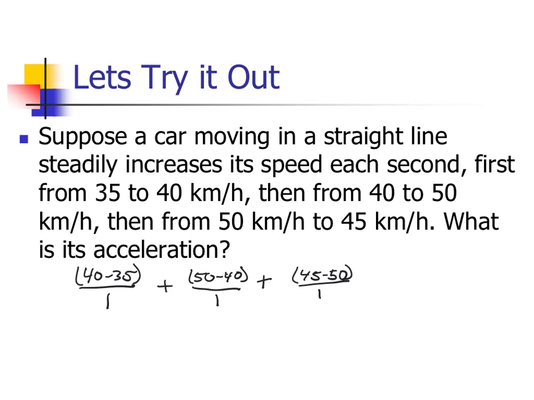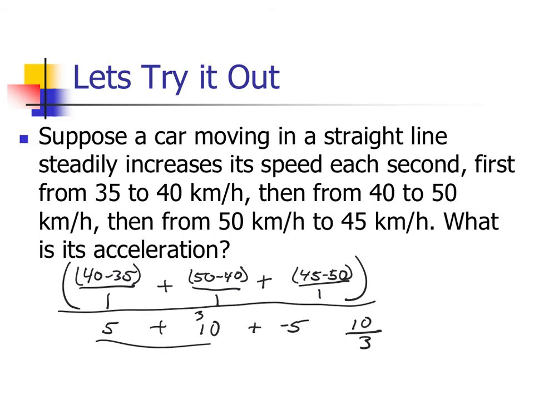And so I would be able to solve for that. You say that 5 divided by 1, and then that subtraction would be 10. And then that would be a -5, which would give me 10. Now again, we need to divide that by 3, because it's the whole thing divided by 3, to give me 3.33 kilometers per hour per second.